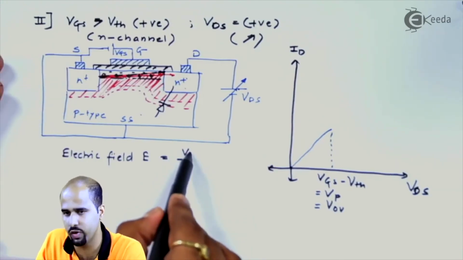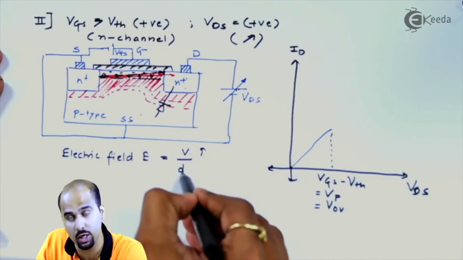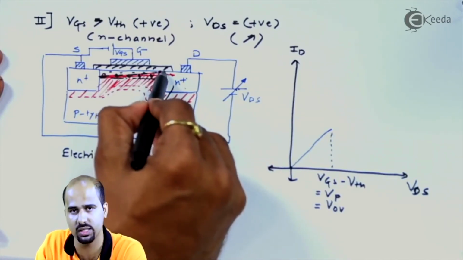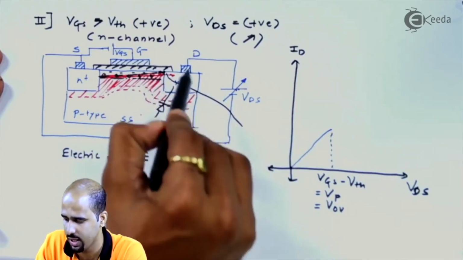Here my value of V is increasing, and the value of D is decreasing, so here my width is decreasing. Here I reach only one particular point.